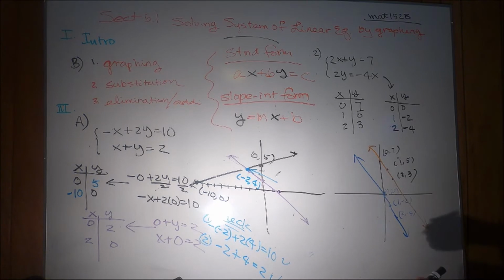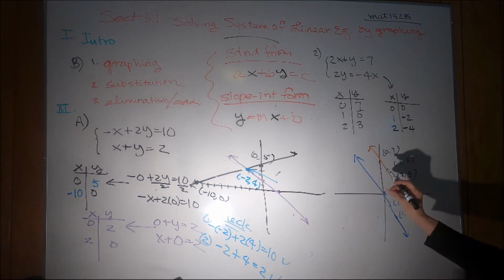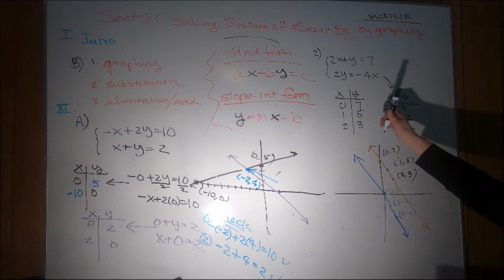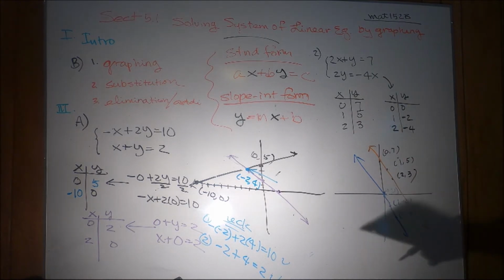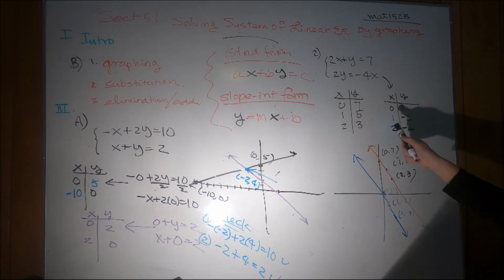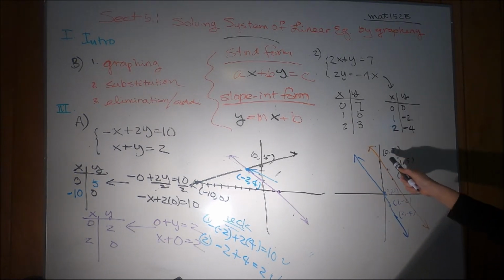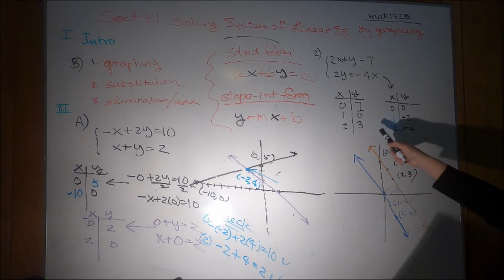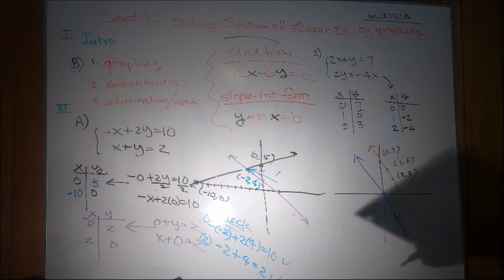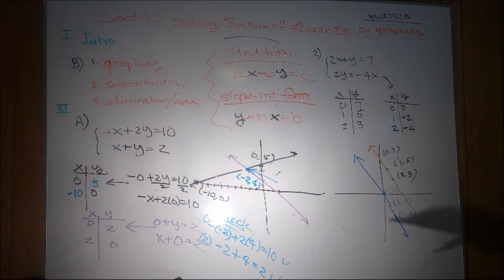No. Why? Because wherever they meet is the solution for both equations, we call it, right? So the solution must be on both lines to be able to call it a solution, right?